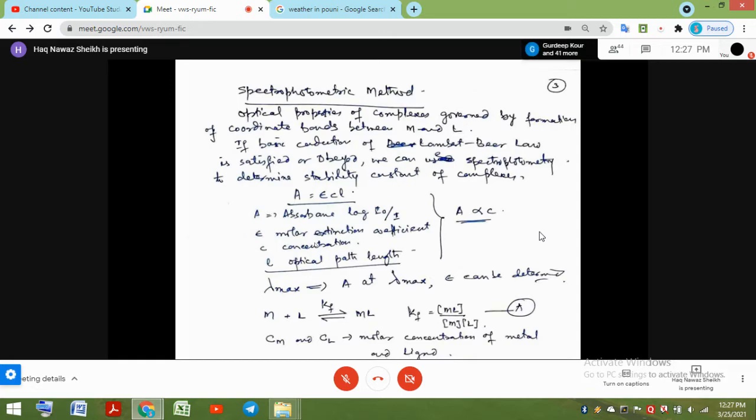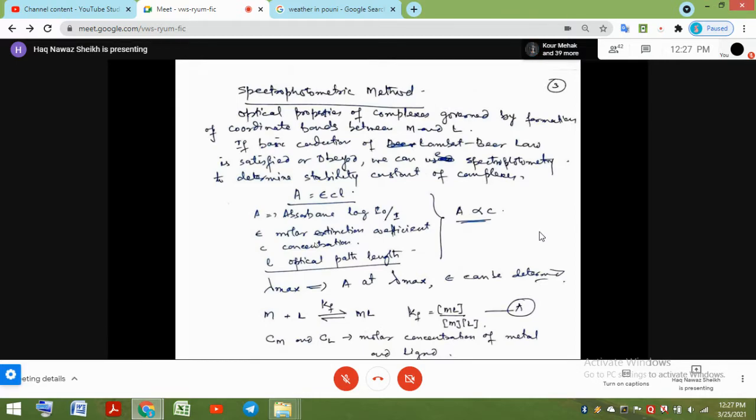the functioning of a spectrophotometer is based on a law which we call the Beer-Lambert law or Lambert-Beer law, which says that the absorbance, that is the amount of light absorbed, the number of photons absorbed by the absorbing species, is dependent on three things. Number one, the concentration: how many molecules are there in the solution to absorb the photon.